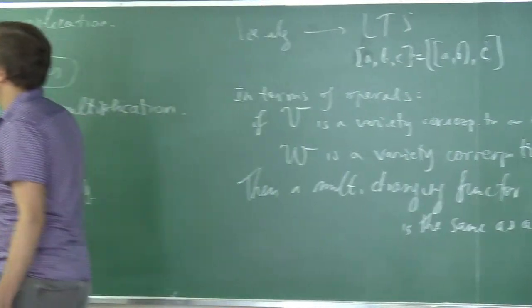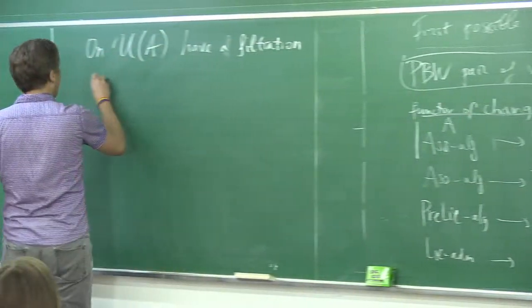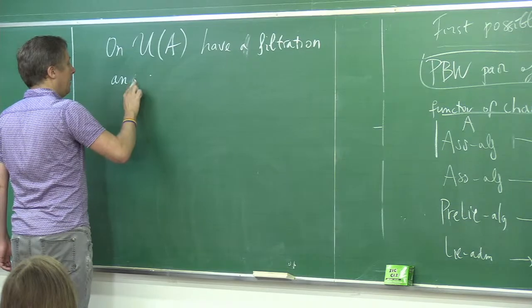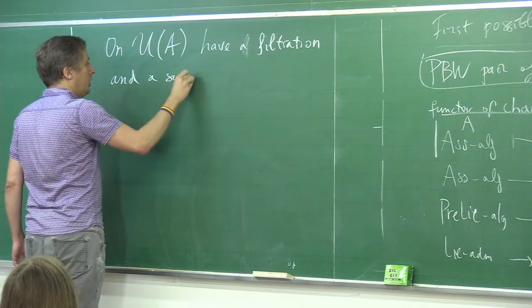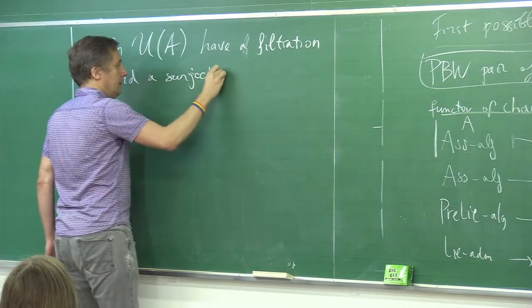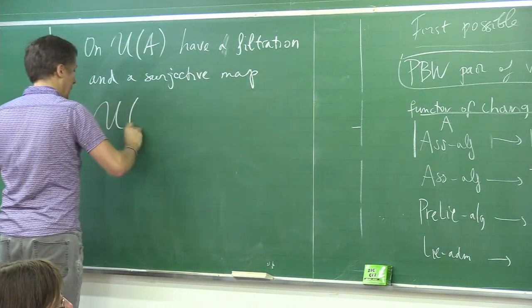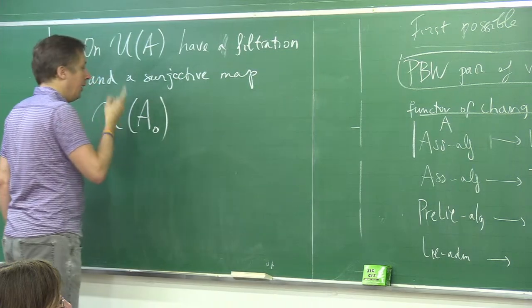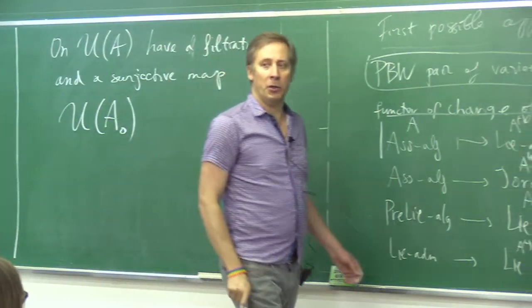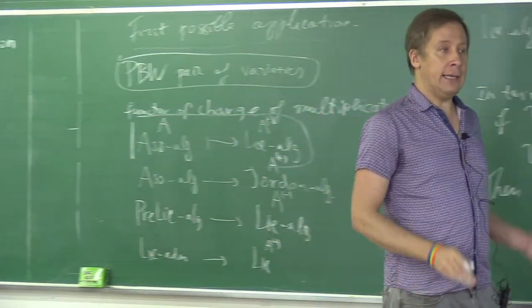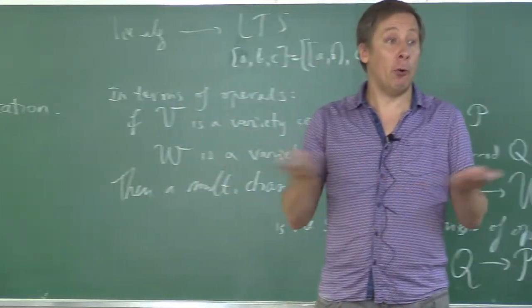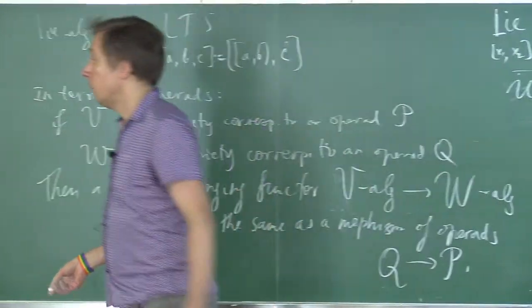And here you also have a filtration and a surjective map from the universal enveloping algebra of the algebra that I'm going to denote A0. It's the same vector space, but with the zero operations.